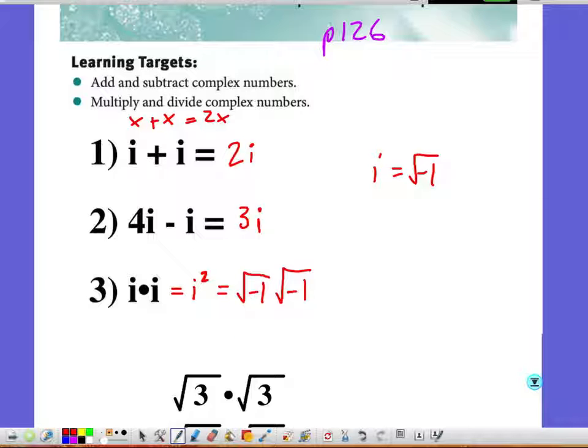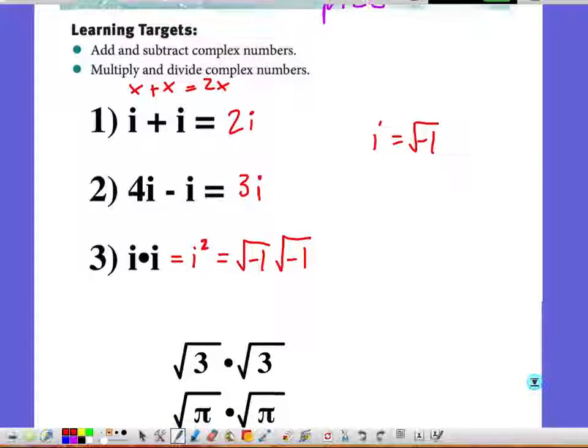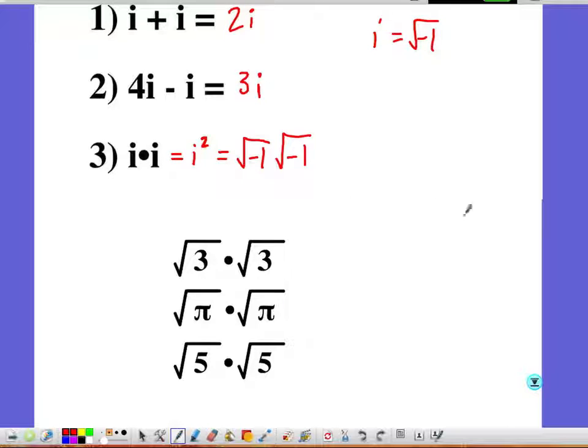Right? Now, what is going to be the square root of -1 times the square root of -1? Well, let's look at these examples. This is something that you can plug into your calculators. And when you plug them in, you get that the square root of 3 times the square root of 3 is 3. And I encourage you to do this in your calculators.